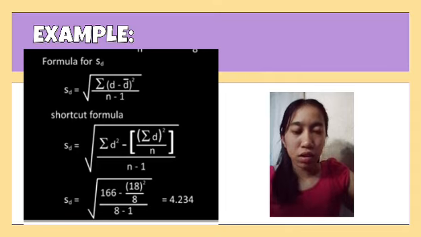So let's substitute the values. The sum of D squared is 166 minus the sum of D, which is 18, raised to 2, divided by N, which is 8, all over N minus 1, which is 8 minus 1. So our standard deviation is 4.234.